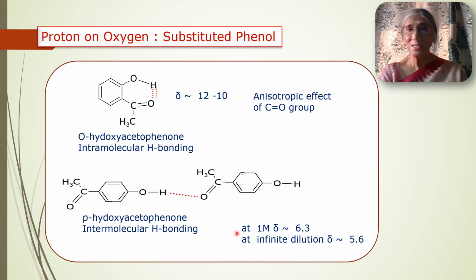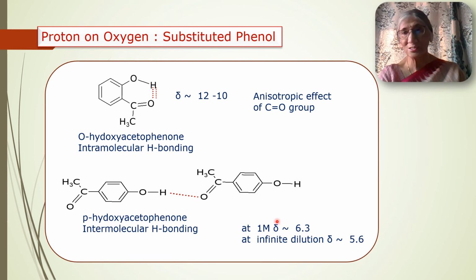As we have seen, intermolecular hydrogen bonding will be concentration dependent. So at 1 M concentration, the signal of hydroxyl proton is seen at delta 6.3, whereas at infinite dilution, the signal is at 5.6 delta value. That is, with the change in concentration, the position of the signal is also changing.